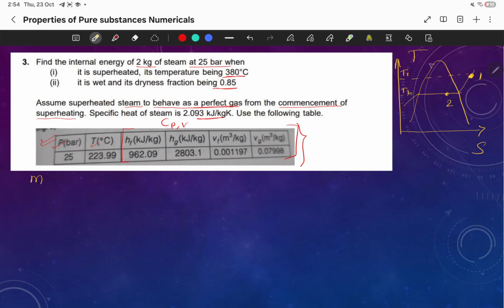Now let's write all the values. Mass of steam is 2 kg, and pressure of steam, this is all at a pressure of 25 bar.